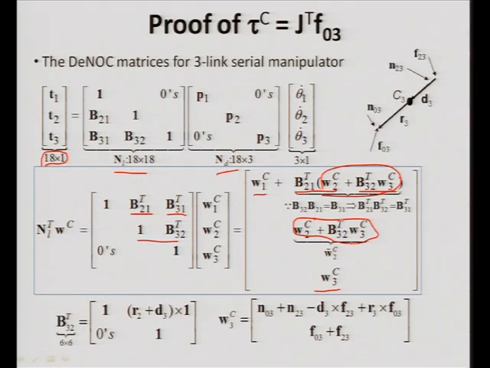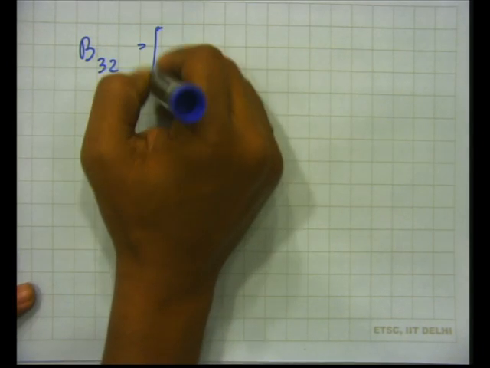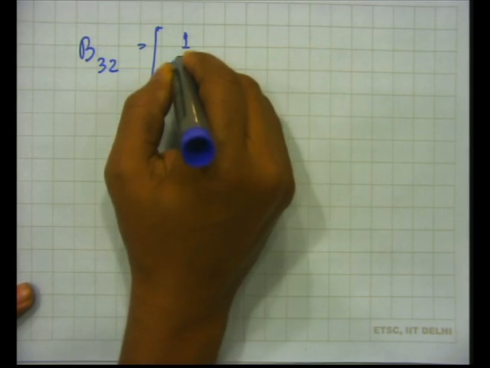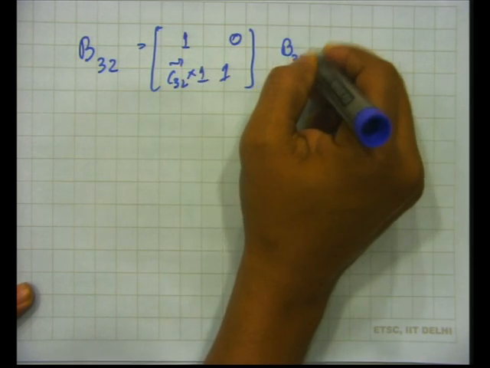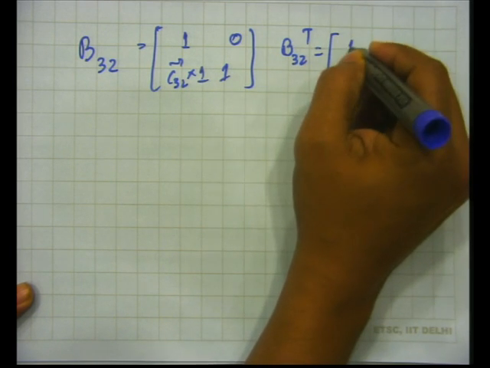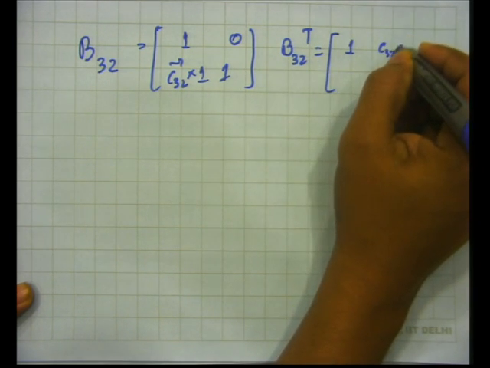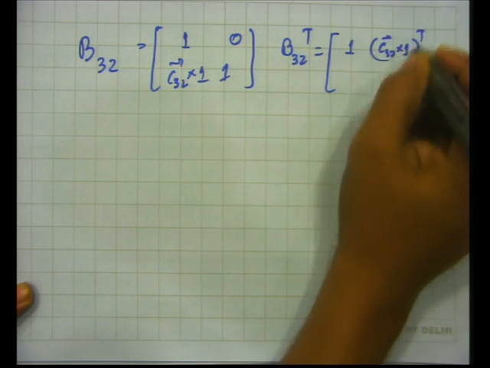Now, here I have indicated what B32 transpose is. B32 transpose is 1, and when I take this transpose, I need to show these expressions on the paper. Suppose B32 is [1 C32 cross; 1 0 1] and B32 transpose is actually [1 C32 cross transpose; 1 0 1].